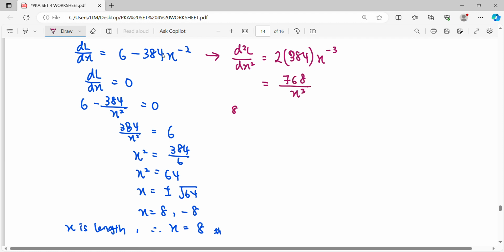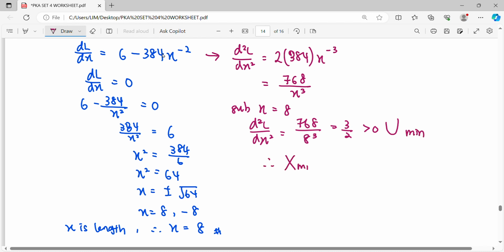Then we substitute our critical number x equals 8. So it looks like it is a positive value, more than 0, concavity upward, so you can see this case is minimal. Therefore, we verify this x is a minimum, which is 8.